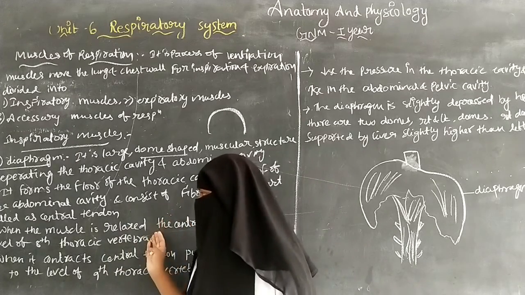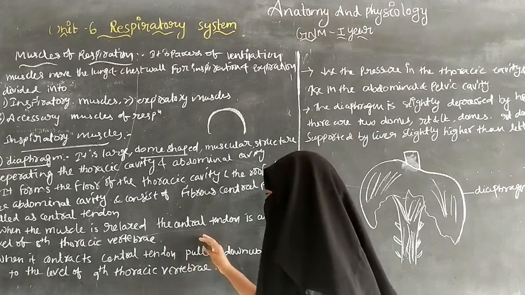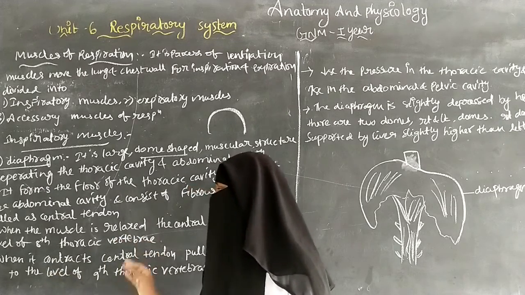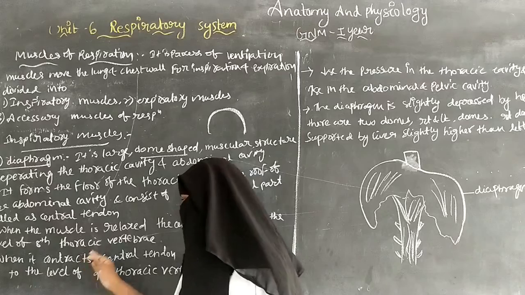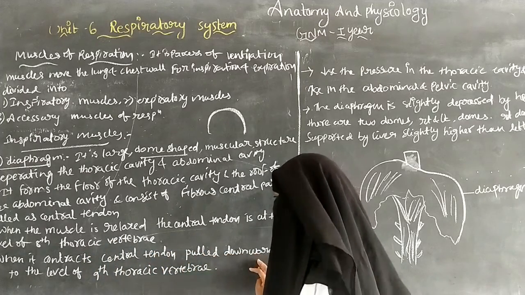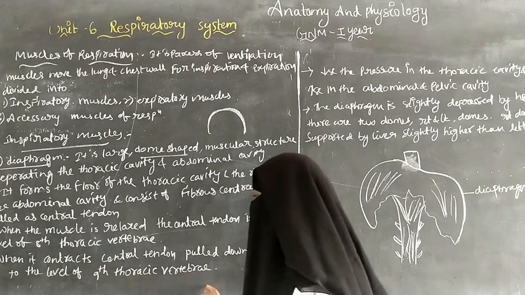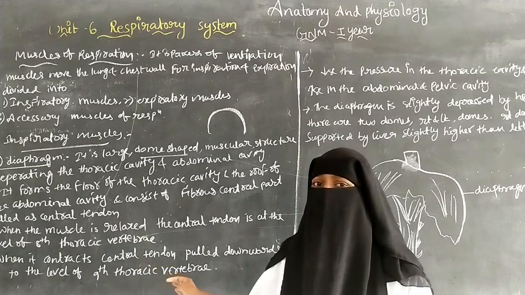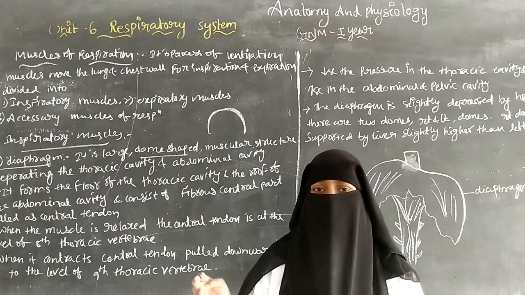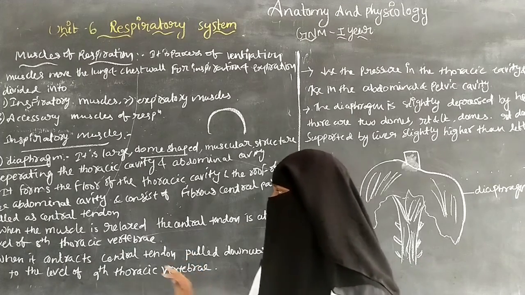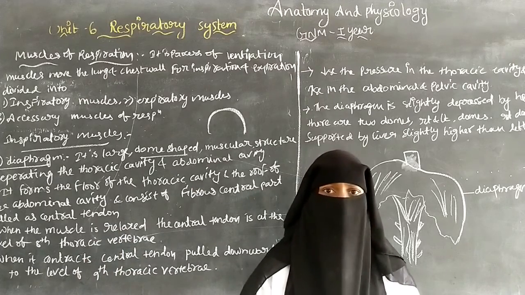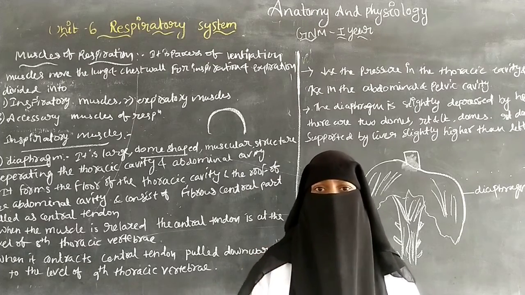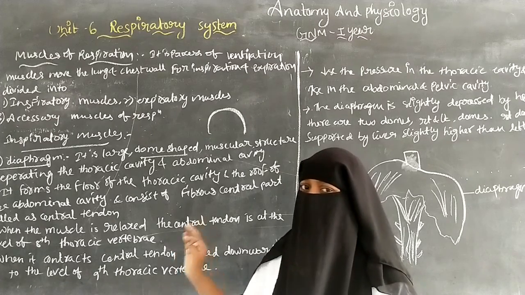When the diaphragm contracts, the central tendon is pulled downwards to the level of the 9th thoracic vertebra.